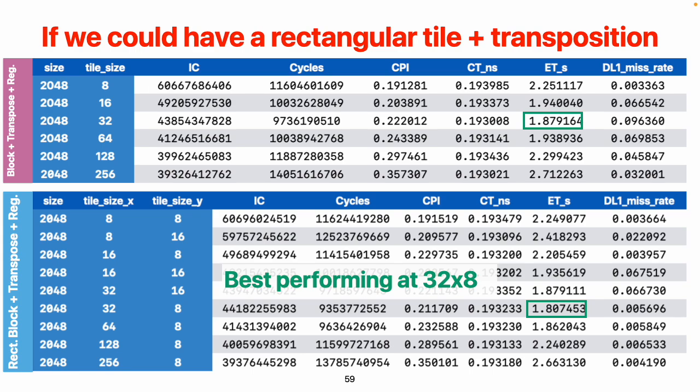Okay? Question? How would you take care of the case where your rectangular tile doesn't perfectly match your square matrices? If that's the case, you have to add additional conditions in your loop, which would add some overhead. But for the simplicity of the class demo, first of all, if you run this code on a matrix size that's not 2 to the something, it will seg fault for sure, because we don't have those condition checks.